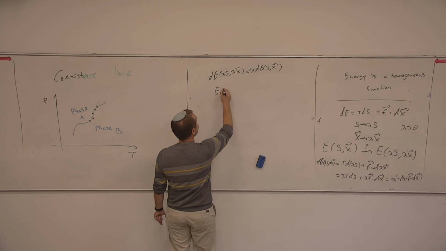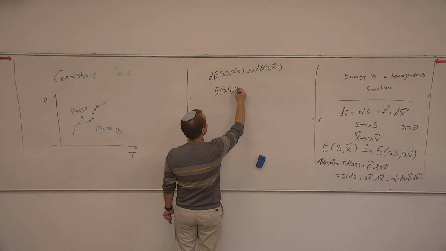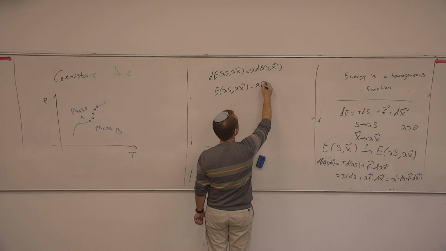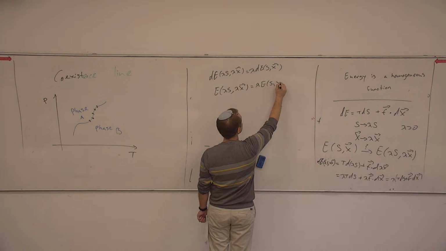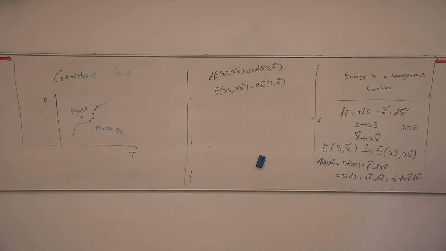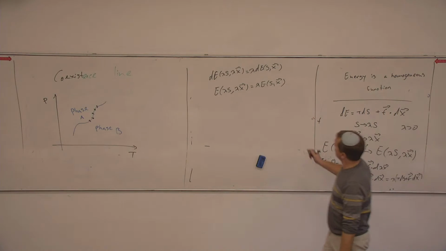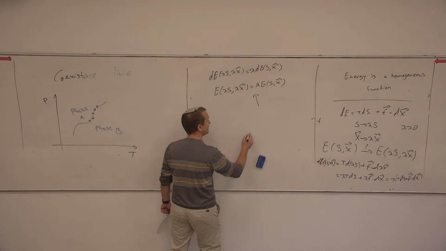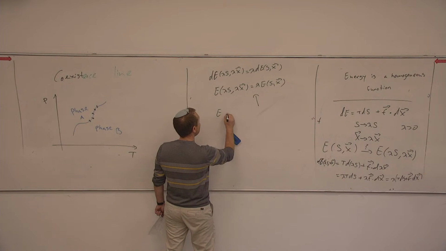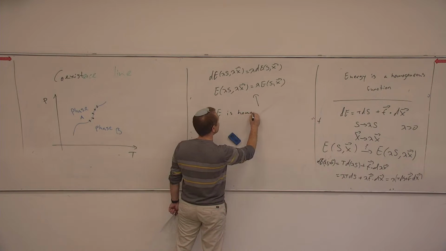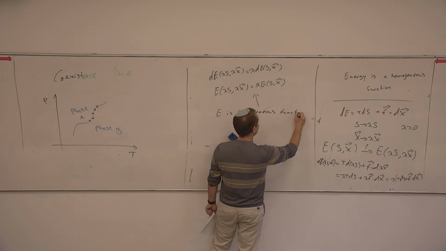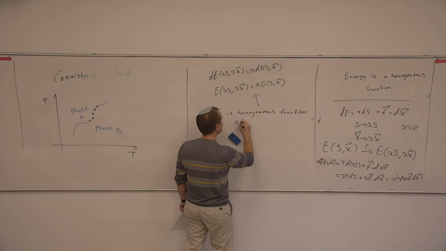Basically it says that E(lambda S, lambda X) equals lambda E(S, X). This means that E is a homogeneous function of first order.